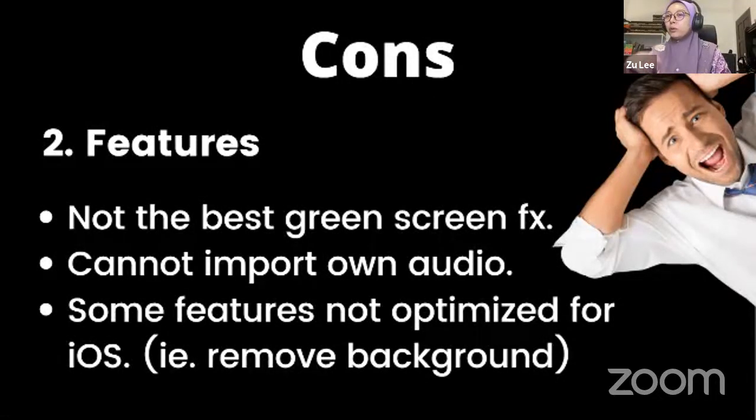So you cannot import your own audio, but there is a way to go about it. You just have to extract an audio from an existing video. So for example, I want to use music from this particular video on YouTube. Download the video, and then on CapCut, you extract it. So it's double the steps, but you get the same result.